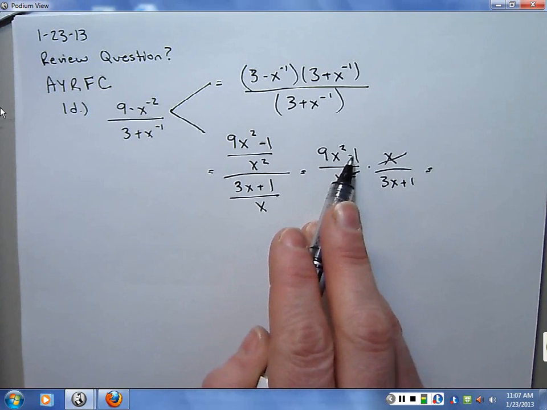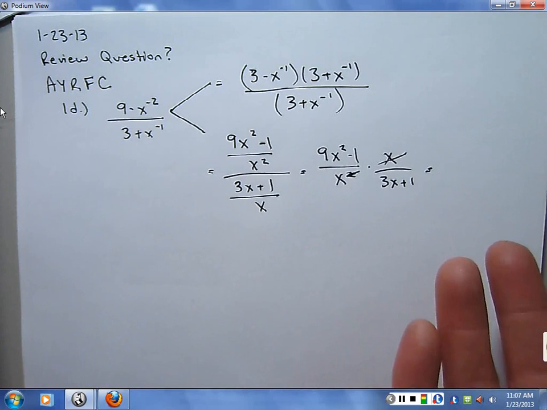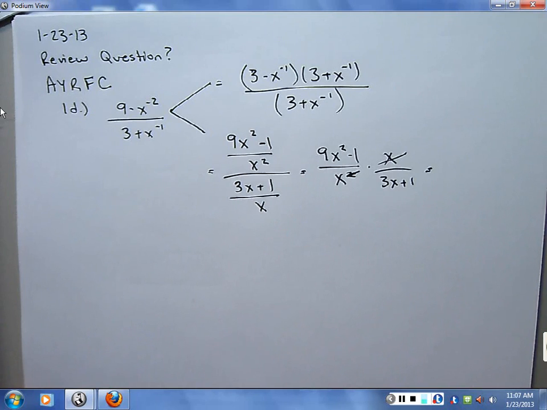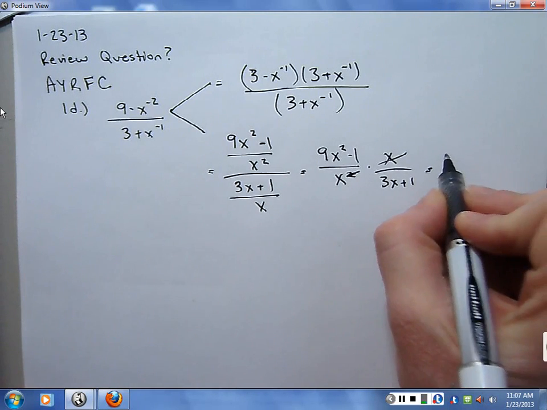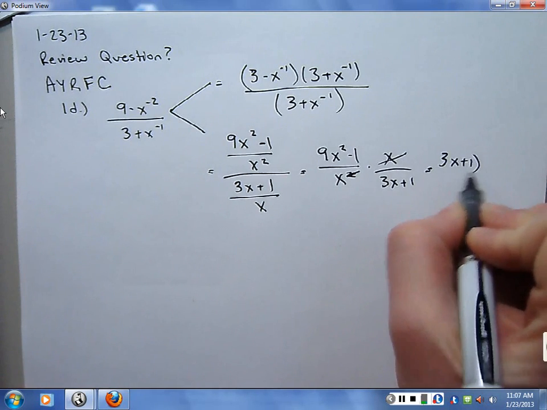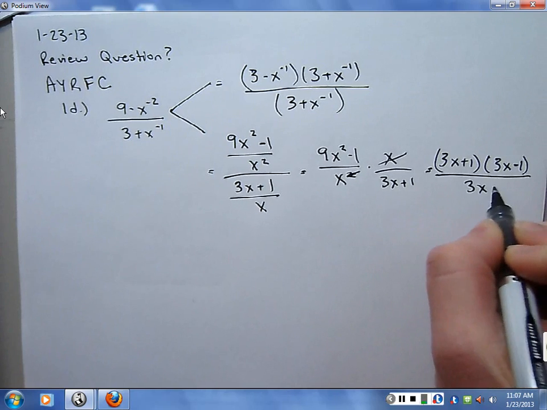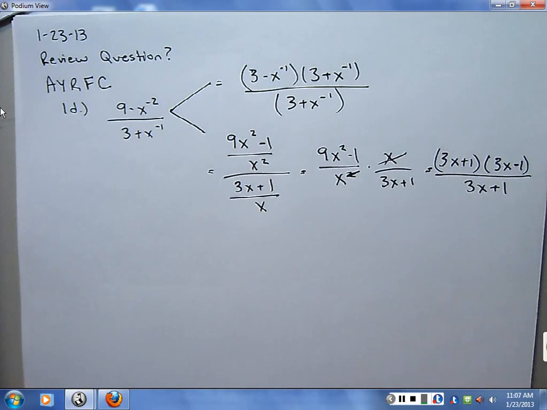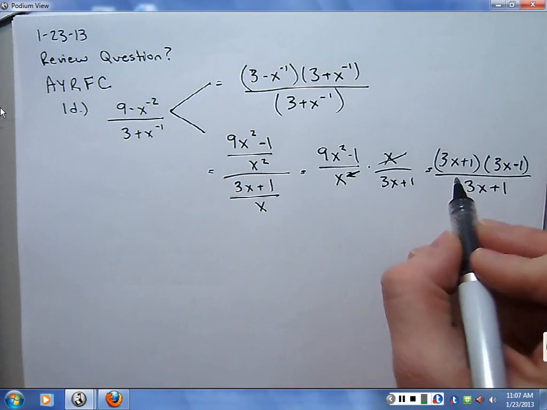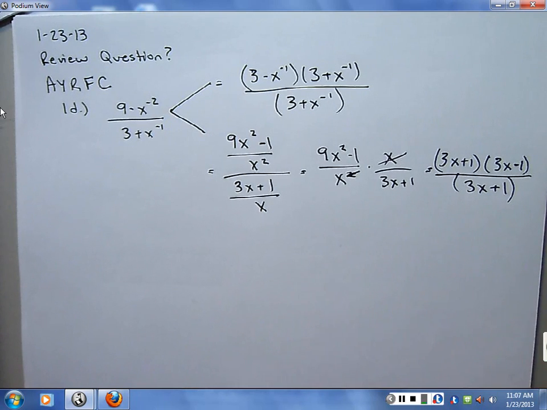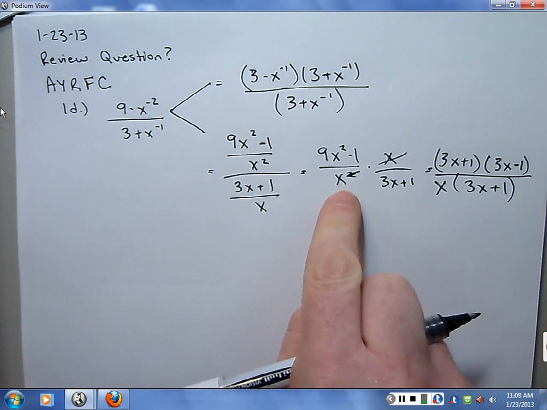Here, 9x squared minus 1 is a difference of squares, right? It would be 3x plus 1, 3x minus 1. Go ahead and write that. 3x plus 1, 3x minus 1 over 3x plus 1. So you see that? I also have an x in the denominator from this x.